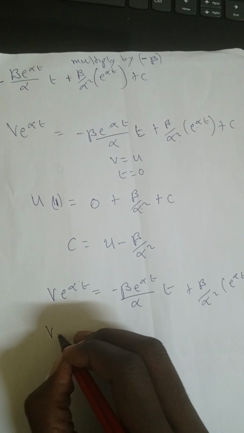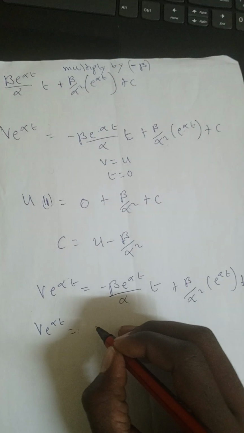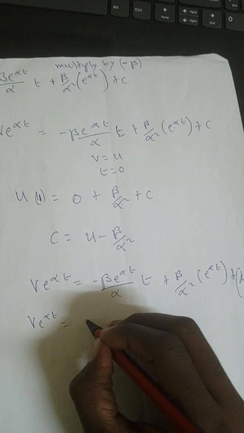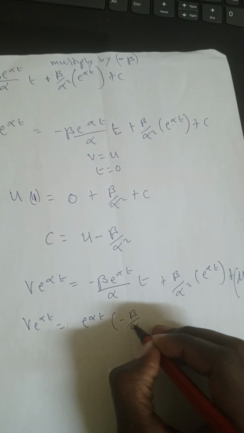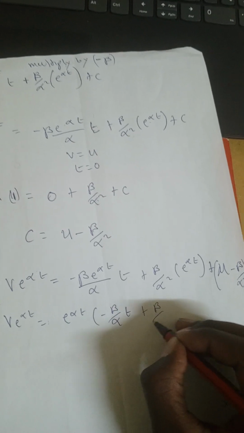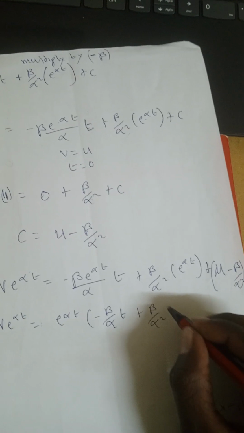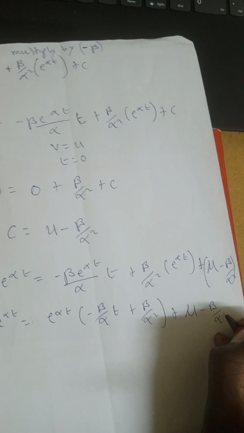So let's write the left side the way it is and factor this out. So this is going to be negative beta over alpha multiplied by t plus beta over alpha squared plus this alpha squared.